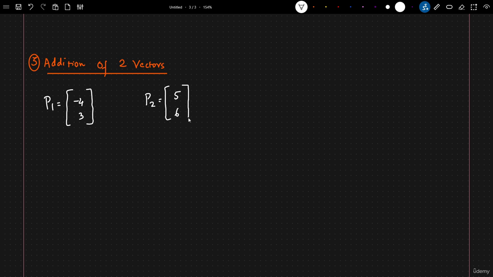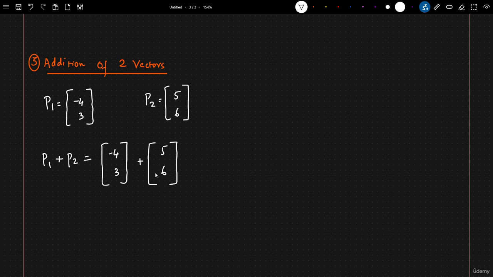So these are the two vectors that we have. Now I need to perform an addition, P1 plus P2. That basically means we will take this 2-dimension vector, which is P1, -4, 3, and then add another vector, which is nothing but 5, 6. So let's go ahead and see how things will specifically work.